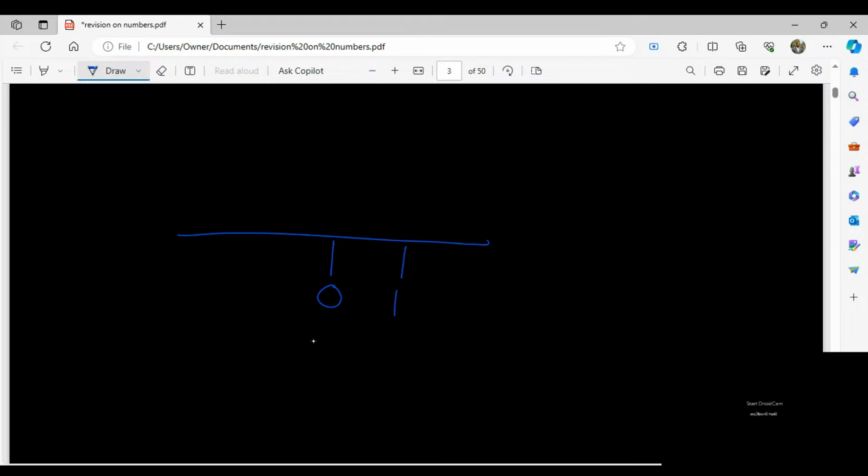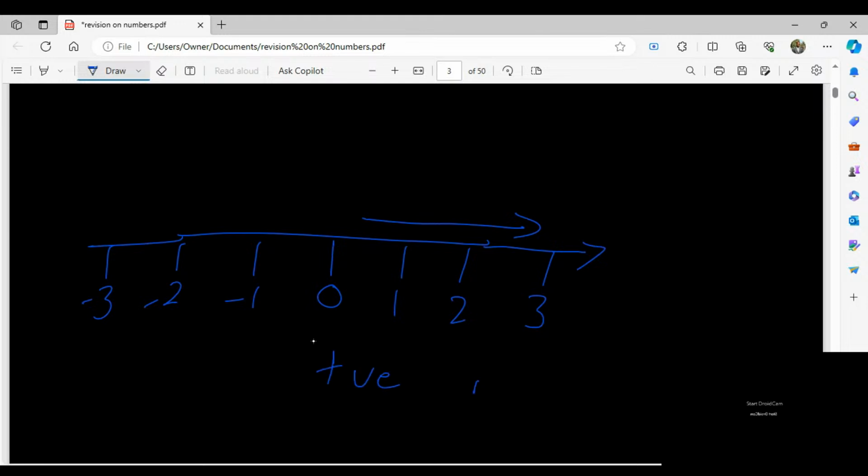Maybe I'll say 1, 2, continuing, maybe 3, and here there will be -1, -2, and -3 like this. So you notice that if numbers are getting more positive, they're going to increase going this direction. So you see the numbers get more positive as they go to the right.